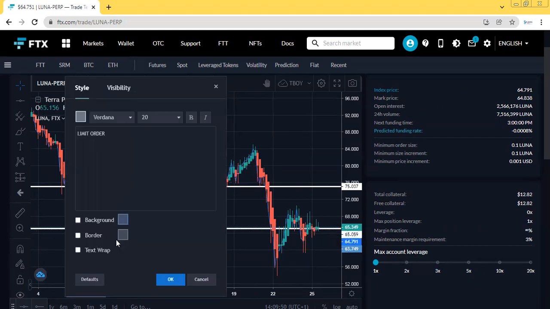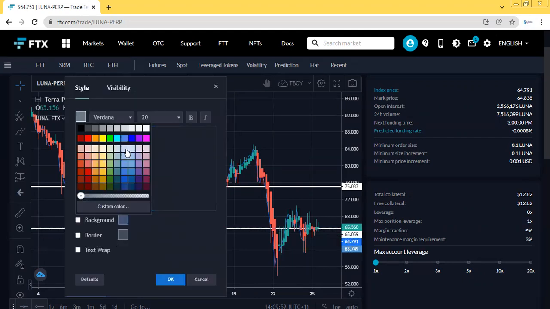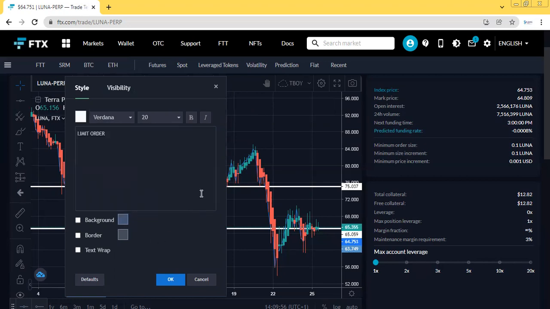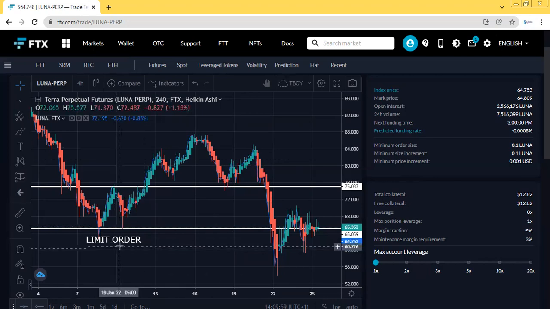This order you place below the market, we call it a limit order.